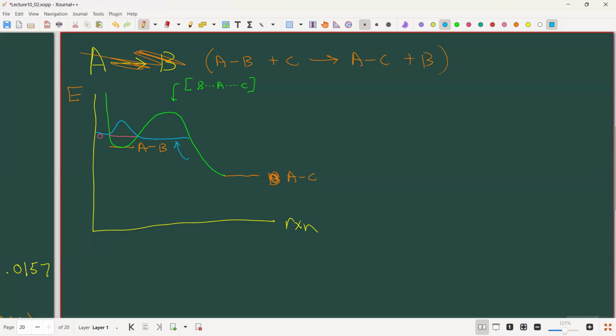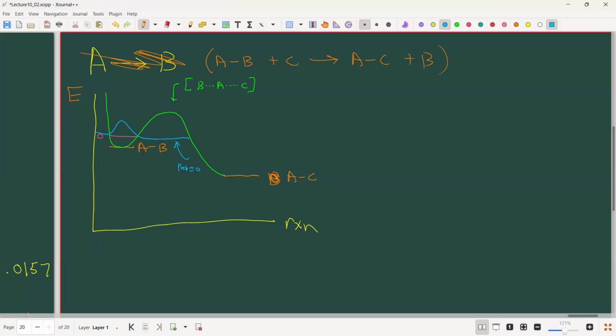So the probability here is about 0. Okay, so what we say is that this system is fairly localized in AB. Right, the system is mostly just AB. There's no way for it to really escape because there's no probability of it passing through the barrier.